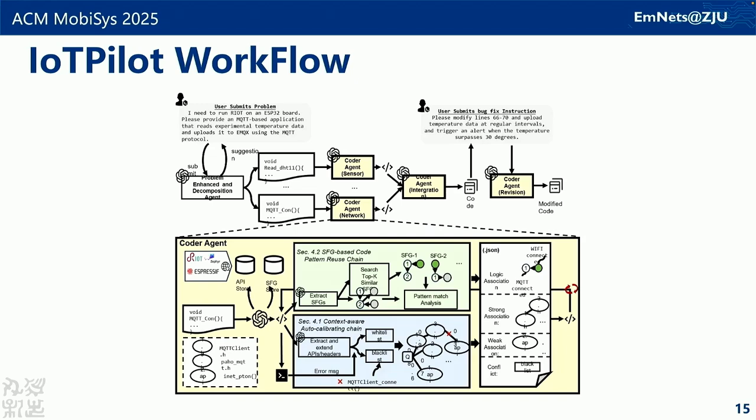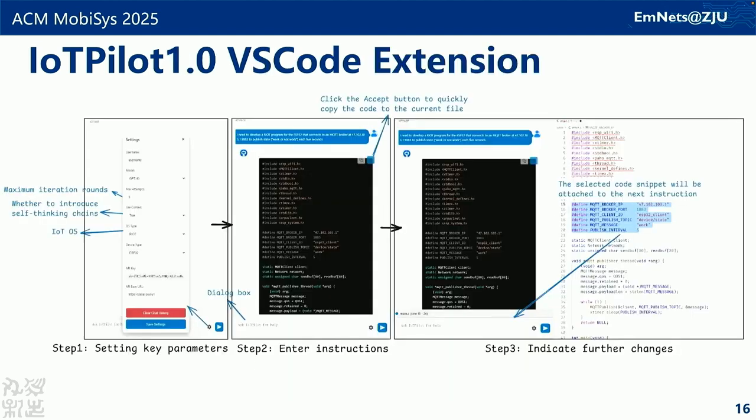The generated sub-programs and the integrated complete code both utilize our online preference alignment to improve the quality of code generation. We have released IoTPilot to the VS Code plugin market.